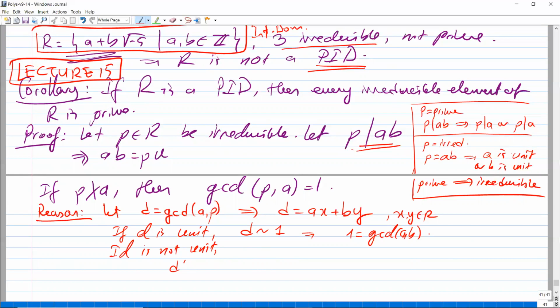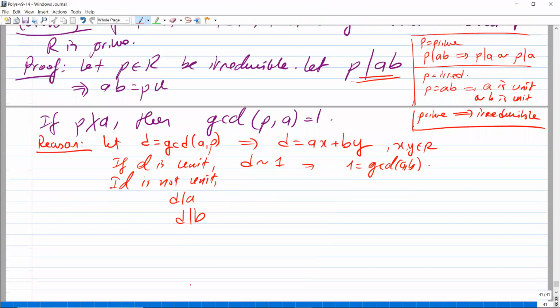Then D divides A and D divides P, since the greatest common divisor divides both of them.